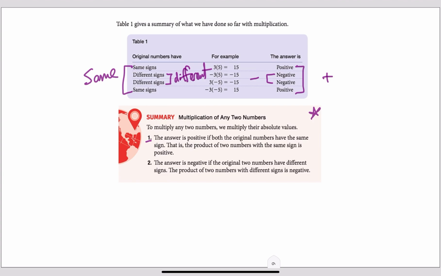So if there are two positives or two negatives in multiplication, when they multiply, they'll turn positive. Part two, the answer is negative if the original two numbers have different signs. So if one's negative and one's positive, or one's positive and one's negative, then the result will be a negative. That's a summary of the two properties that we hopefully now understand.